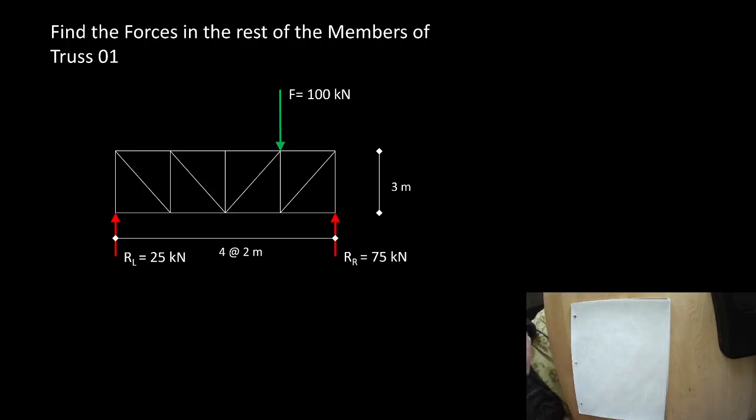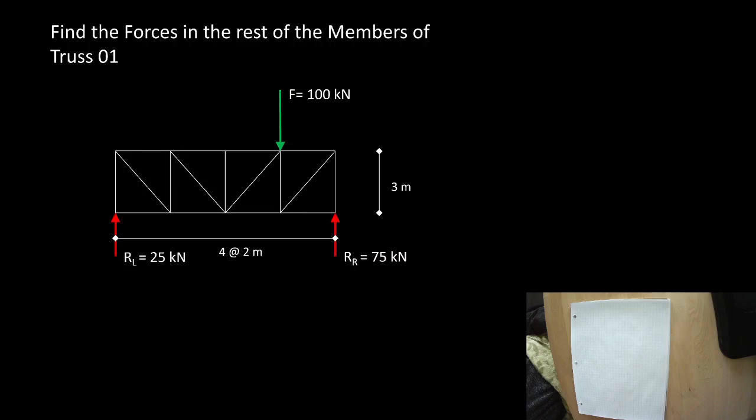We found 3 members out of 1, 2, 3, 4, 5, 6, 7, 8, 9, 10, 11, 12, 13, 14, 15, 16, 17 members. There are 17 members, and we found the internal forces for 3. You can see why this is a long lecture, because yes, my good friends, we are going to find the rest of the forces. So find the forces in the rest of the members of Truss 1.